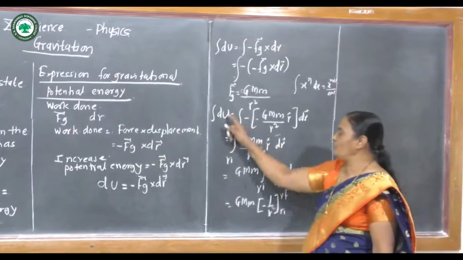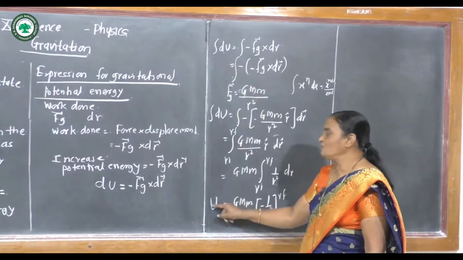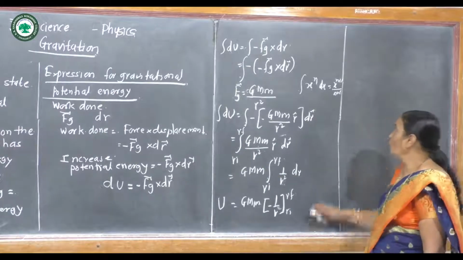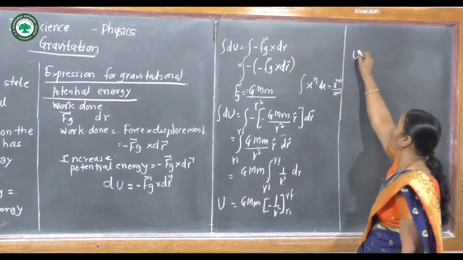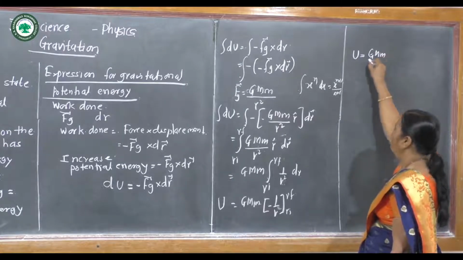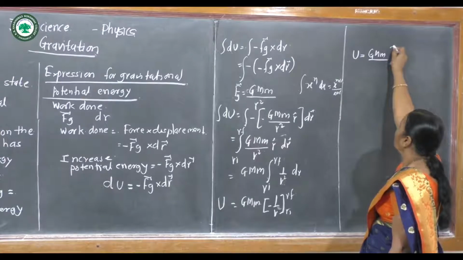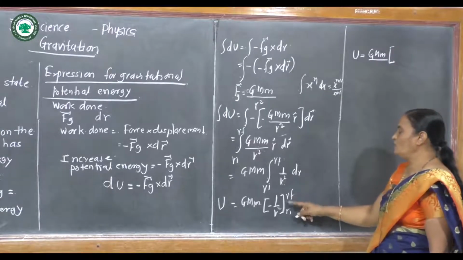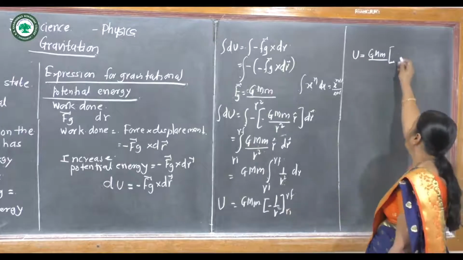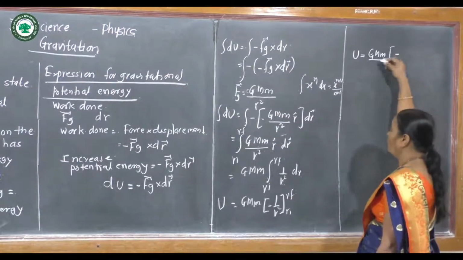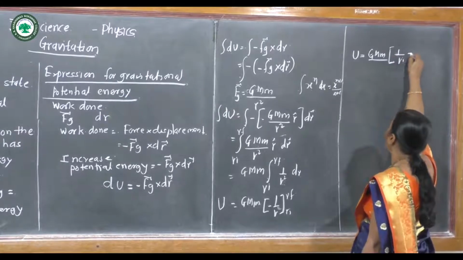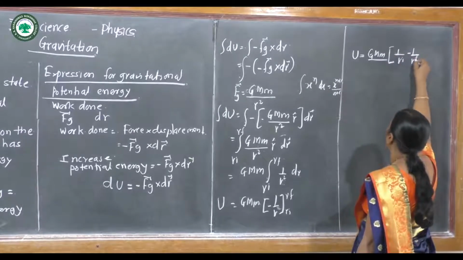Now the integration of dU is U, that is the total internal potential energy. Then U is equal to G m divided by, substituting the final value, upper limit minus lower limit, and rearranging, we get 1 upon ri minus 1 upon rf.